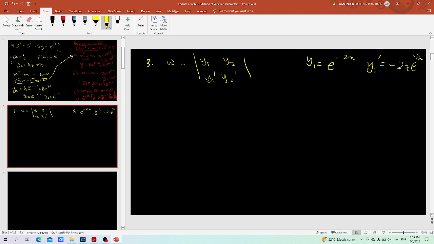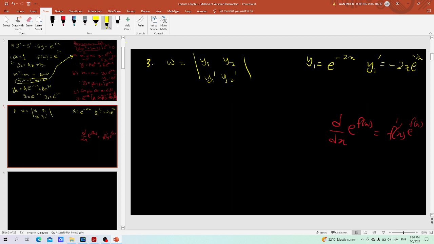Just copy and paste, because if we differentiate e^(f(x)) with respect to x, we get f'(x) e^(f(x)). Just copy and paste. Alright.